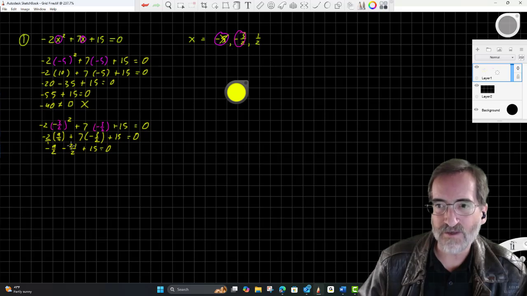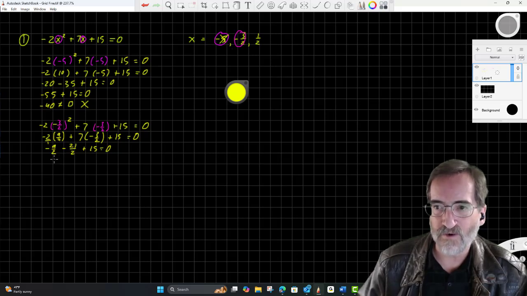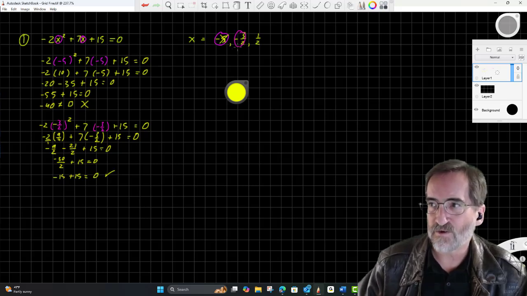Negative 9/2 and negative 21/2 is negative 30/2 plus 15. Negative 30 divided by 2 is negative 15. And negative 15 plus 15 is 0. So negative 3/2 is a solution.